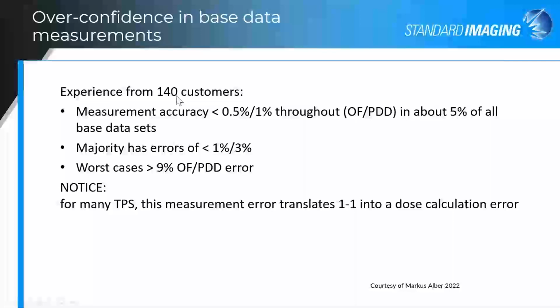But the truth is, this product has a lot of history, and so I'm going to go through and show some interesting statistics on the experience of 140 customers and the beam data that was analyzed, and show that the majority had errors greater than 1 to 3%, and in the worst cases, greater than 9%. And many of these measurement errors translate 1-to-1 into a dose calculation error.